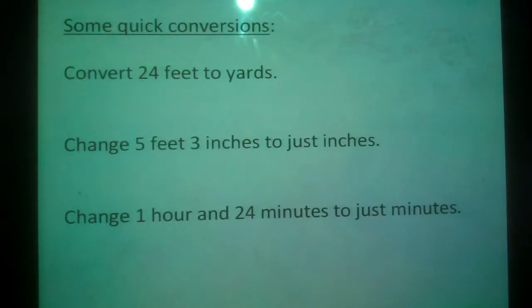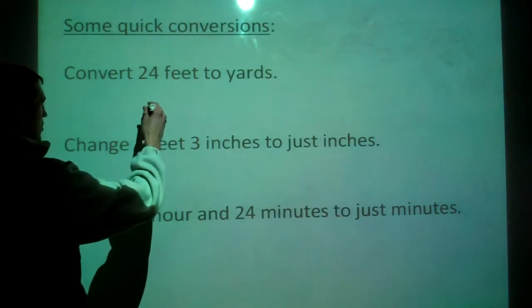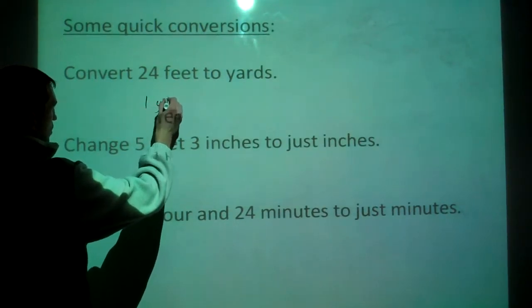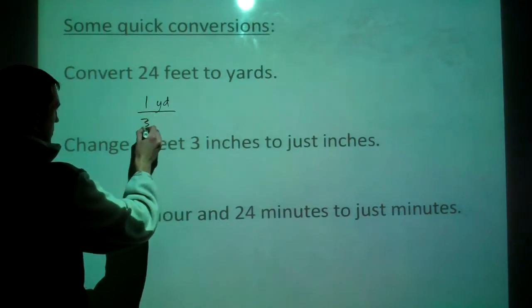So tomorrow we're going to start off with some quick conversions, things that we've seen before, like converting 24 feet into yards. Okay, so we start off with this one here. There are 3 feet in every yard. So 1 yard is the same as 3 feet.